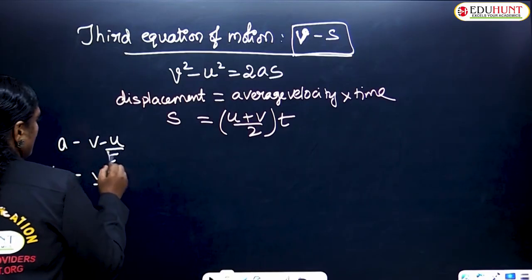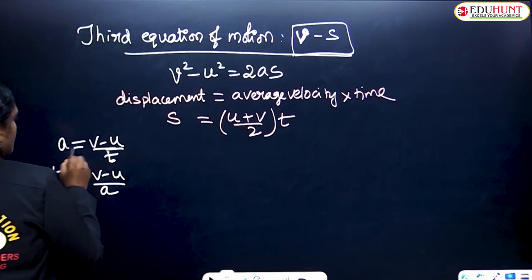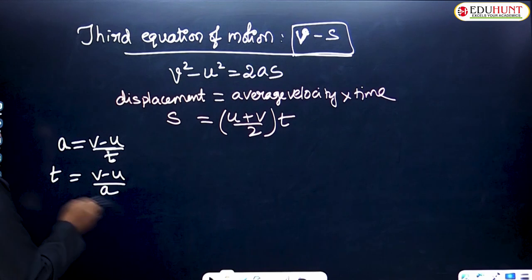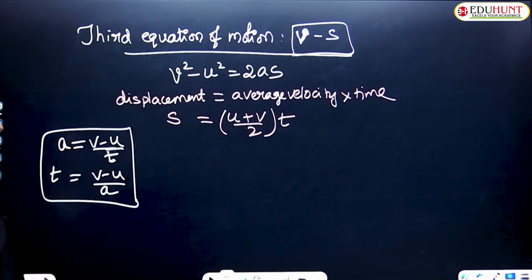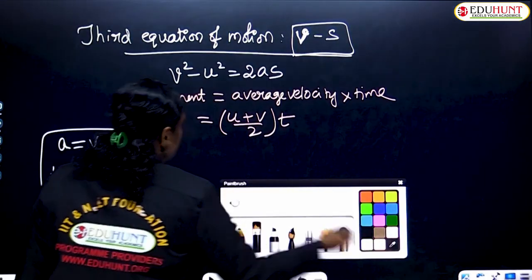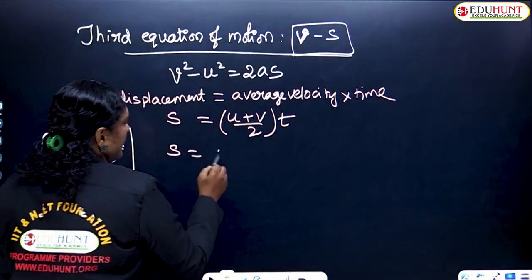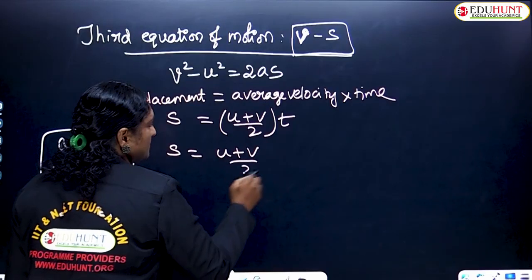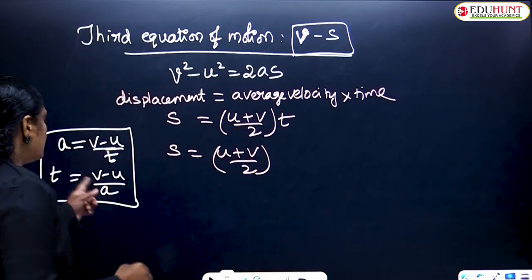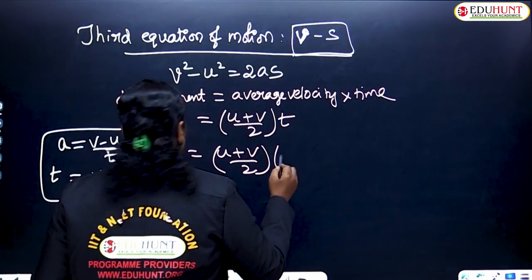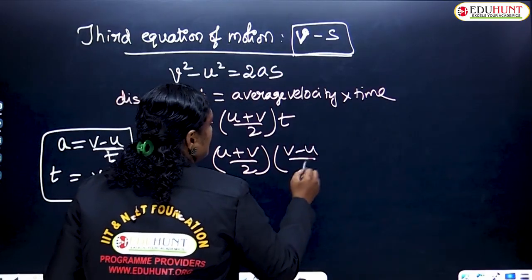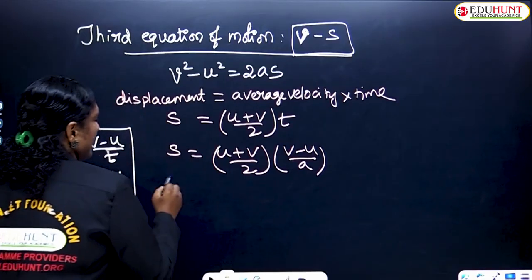Okay, children, so a is equal to (v minus u) by t, or t is equal to (v minus u) by a. Keeping it aside, substituting, s can also be written as (u plus v) by 2 into t. Instead of t, I can replace it with (v minus u) by a.